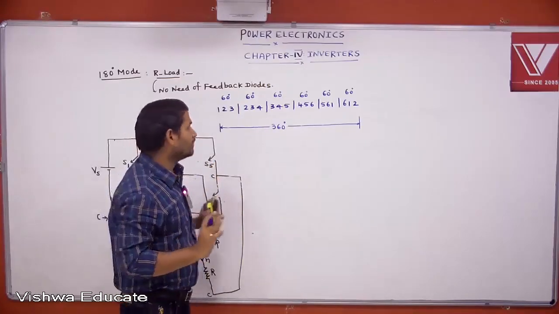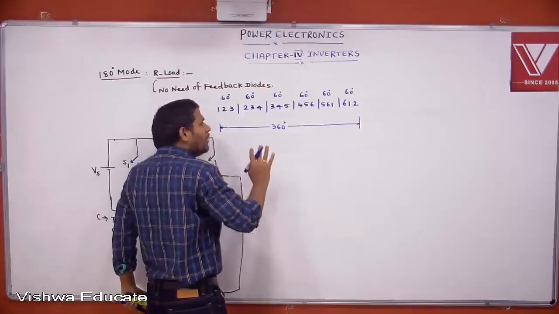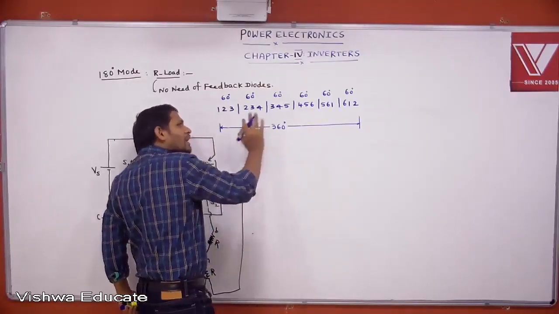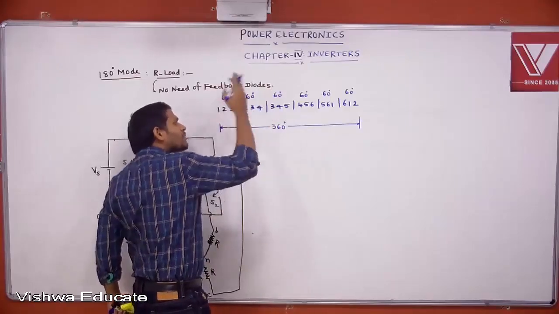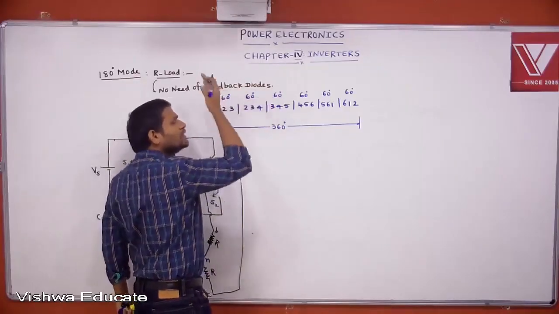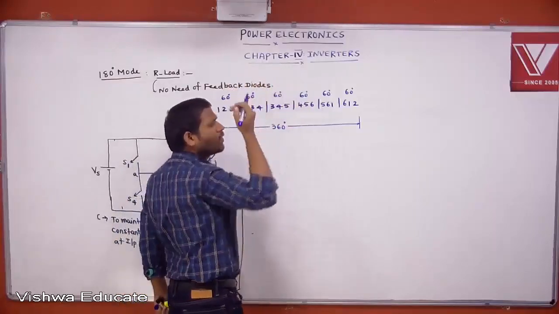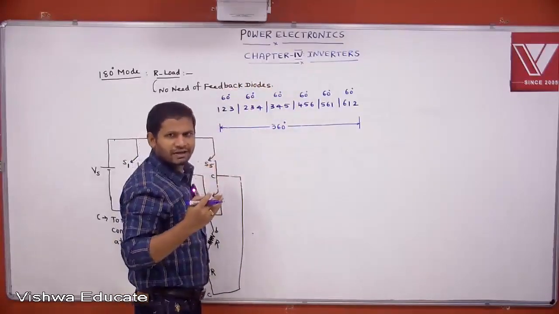Understood? Here, I am not drawing the waveforms from the starting. Let us assume that the operation has already started. Already some devices are conducting: 1, 2, 3 is conducted, 2, 3, 4 is over, 3, 4, 5 is over, 4, 5, 6 is over, like that.